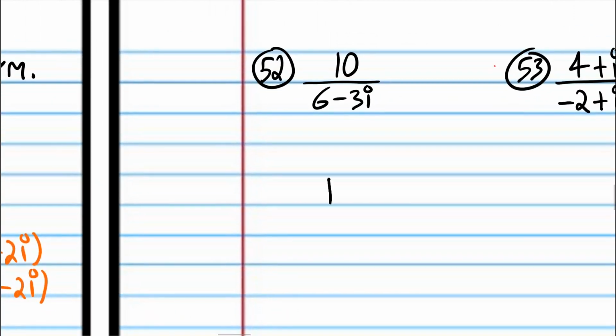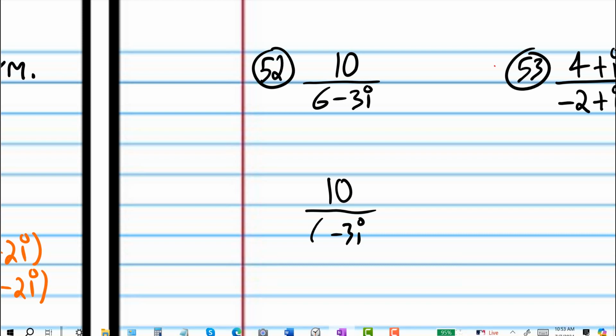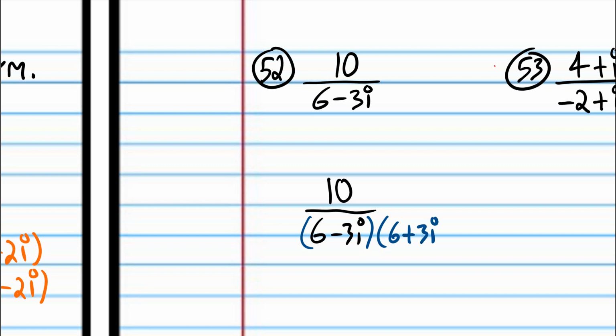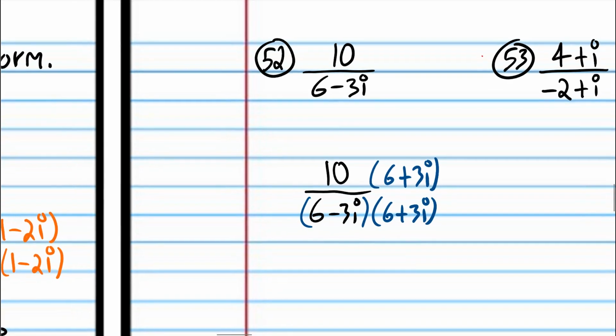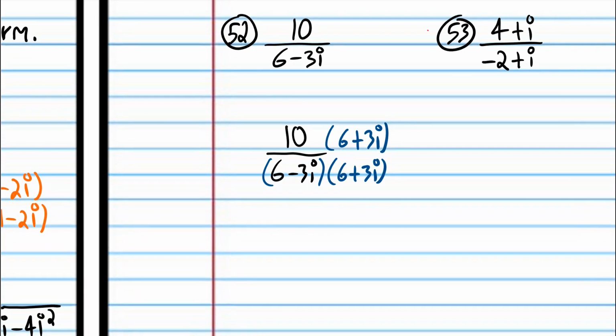All right, we're back, so I'm going to rewrite. And then I'm going to multiply both sides of the fraction by 6 plus 3i. And remember, you must write parentheses on the denominator when you multiply both sides, or else your expression is not going to be correct.